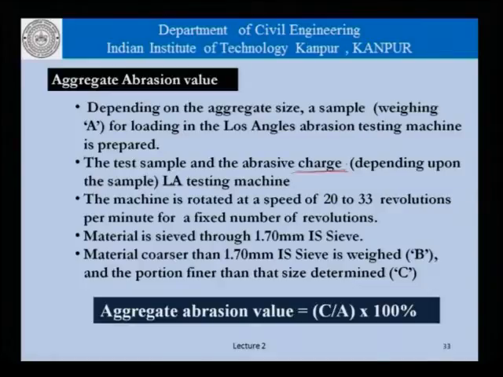The aggregates now are sieved through a 1.7 mm IS sieve, and material coarser than the 1.7 mm IS sieve is weighed, and from this value, which is the amount retained on the 1.7 mm sieve, we work out the portion finer than the 1.7 mm sieve.